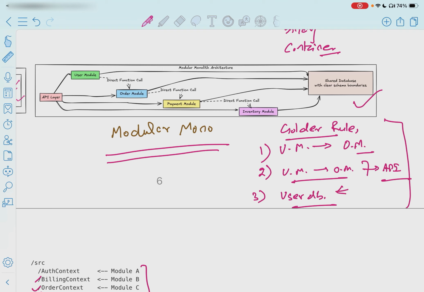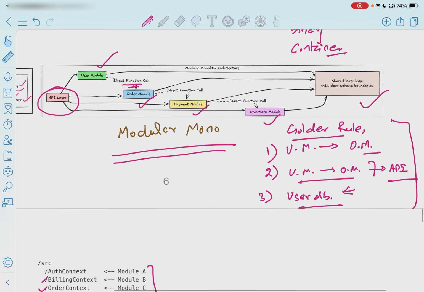In this example, you can see we have one API layer which defines the API contracts. We have separate modules: user module, order module, payment module, inventory module. If I want to call the order module from the user module, I can make a direct function call. But code will not be imported. And this is the complete architecture of a modular monolith.